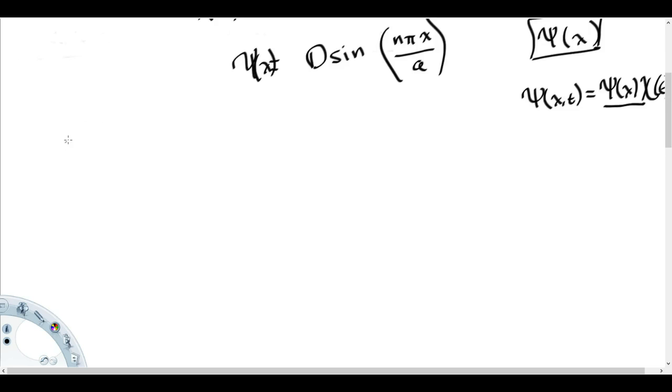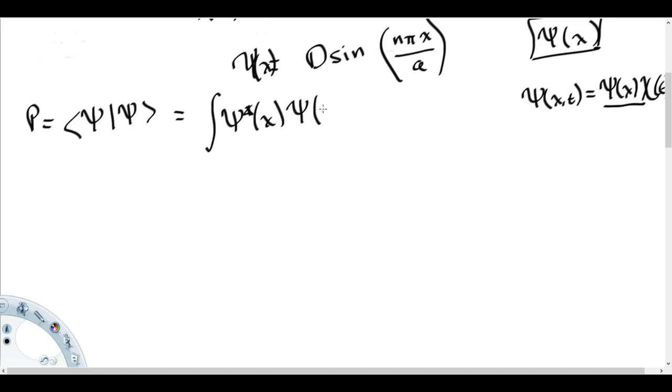Recall that the probability is essentially equal to the inner product in bra-ket notation, which in this instance would be the complex conjugate of our wave function, psi star, times psi itself, dx.